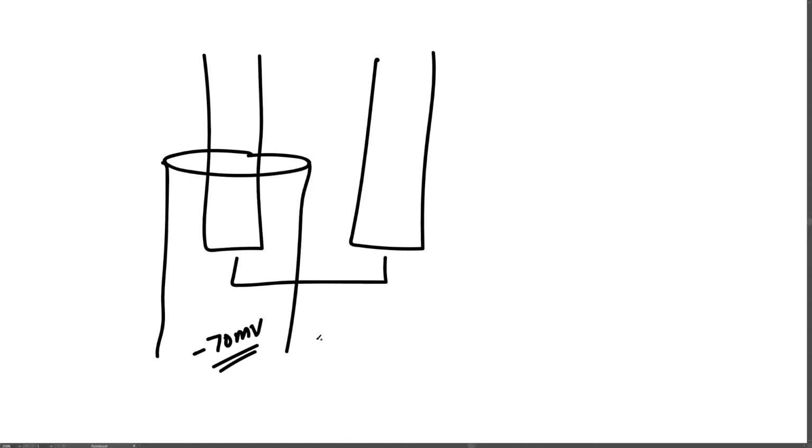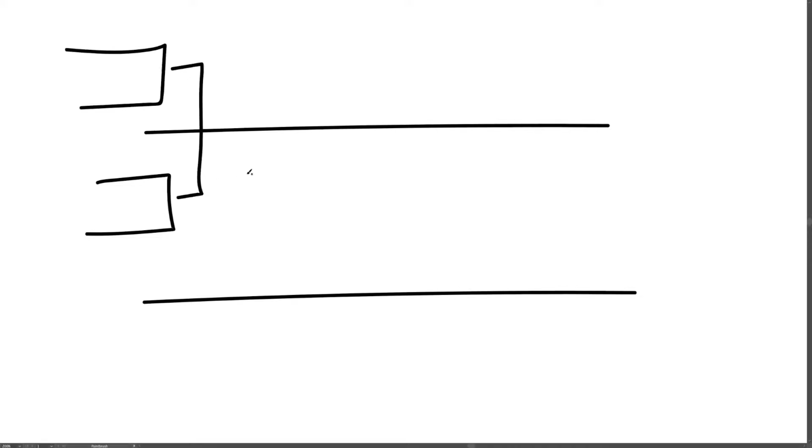They were also able to stimulate the neuron and trigger an electrical action potential and found the potential to look something like this. So if we redraw our axon in this direction with our electrode here and one electrode here, we can measure the potential across the membrane, and the potential is minus 70 millivolts, and the inside of the axon is more negative than the outside of the axon.